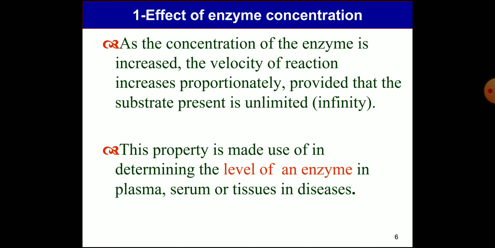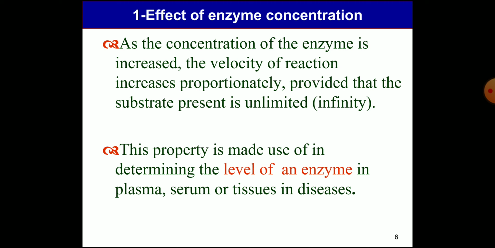Now we'll pass on to the enzyme concentration, how it is affecting the velocity. As the concentration of the enzyme is increased, the velocity of the reaction increases proportionately, provided that the substrate present is unlimited. So there should be enough substrate. Only then the velocity will be proportional to the increase of enzyme concentration. So if the concentration of substrate is infinite, that is more than enough, then depending upon the enzyme concentration, when the enzyme concentration is increased, the velocity of the reaction also increases.